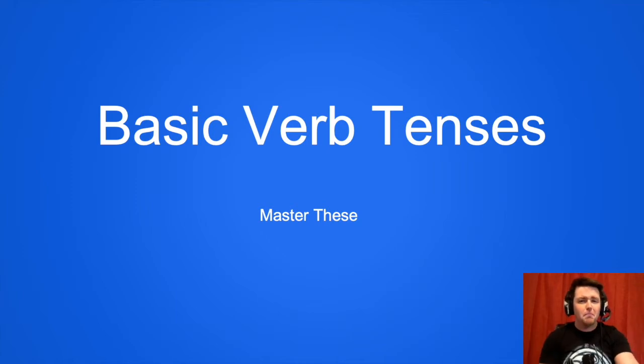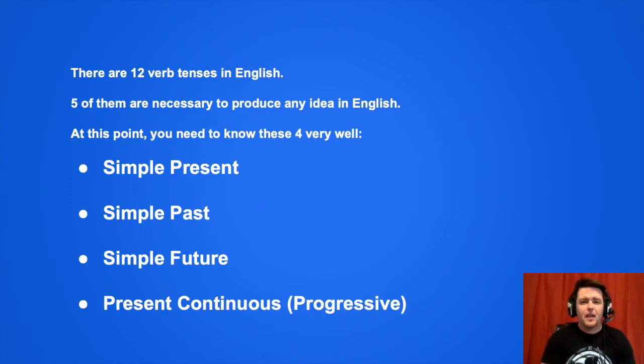Now, it's important that you master these. English has 12 verb tenses total, but only 5 are necessary to talk about anything that you want in English. So if you master these 5 verb tenses, you can say anything you want in English.